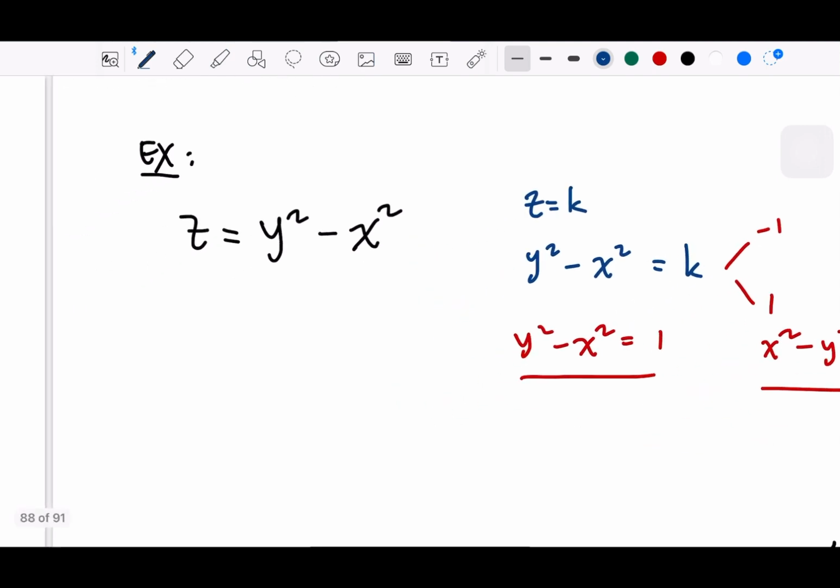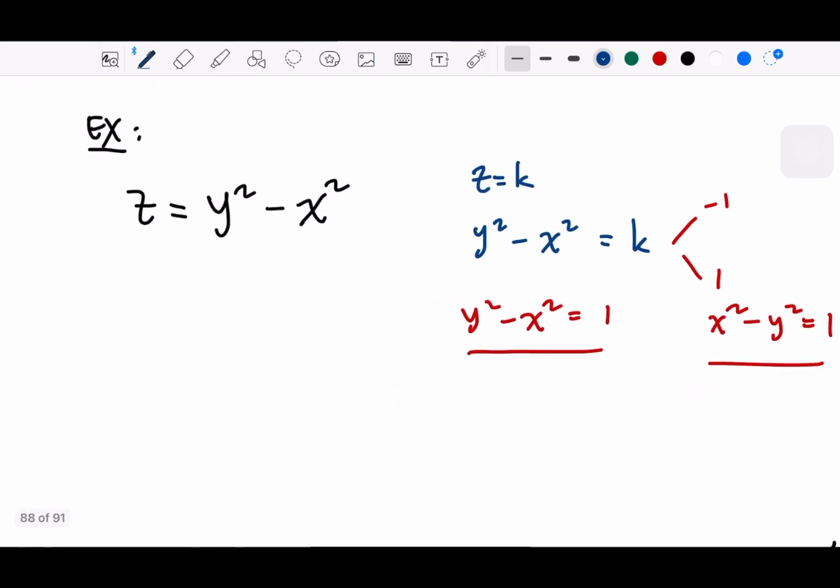So that's the first one. The second one that we can trace is, let's take x equals 0, and we get z equals y squared.